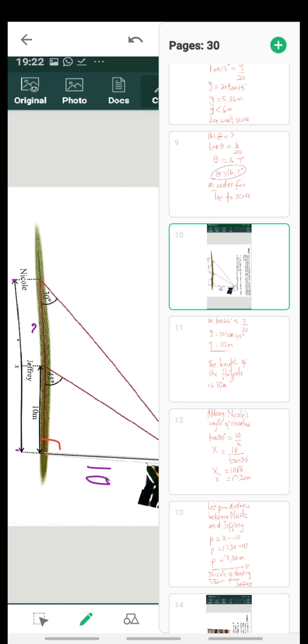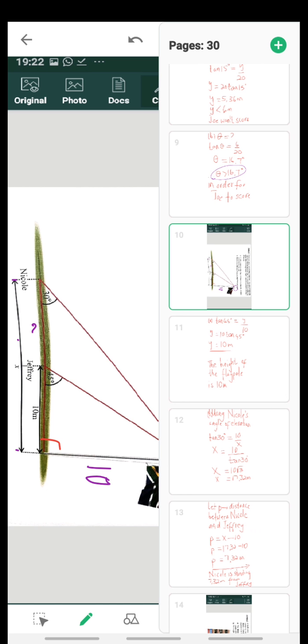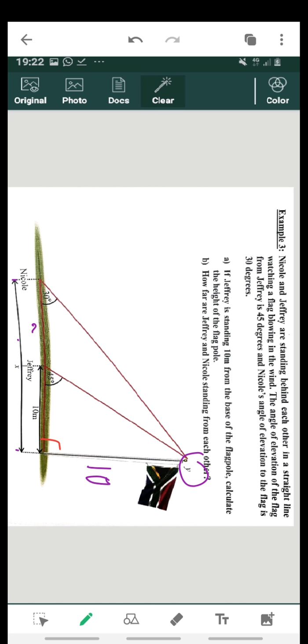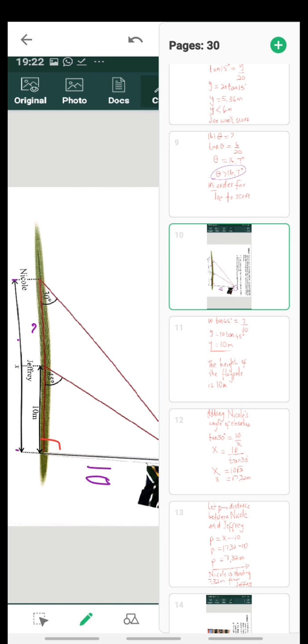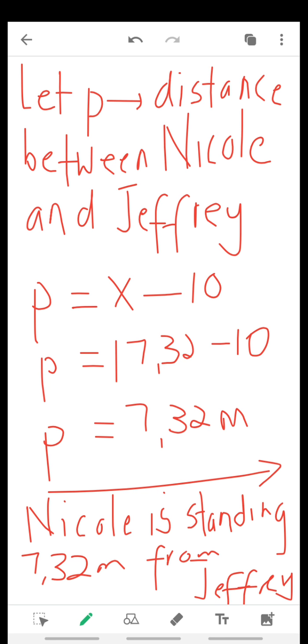Therefore, since the distance from Nicole to the flagpole is 17,32, and the distance between Jeffrey and the flagpole is 10, then we can say the longer length minus the shorter length will give us the distance between the two. So I said let P be the distance between Nicole and Jeffrey.